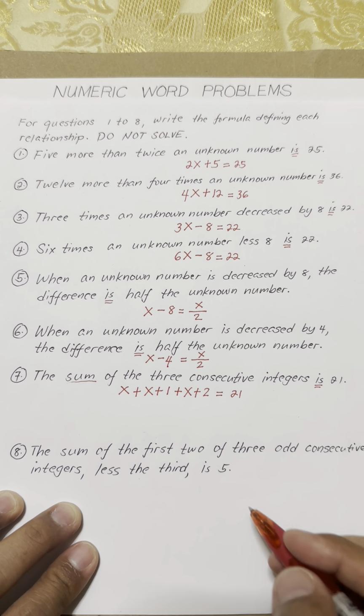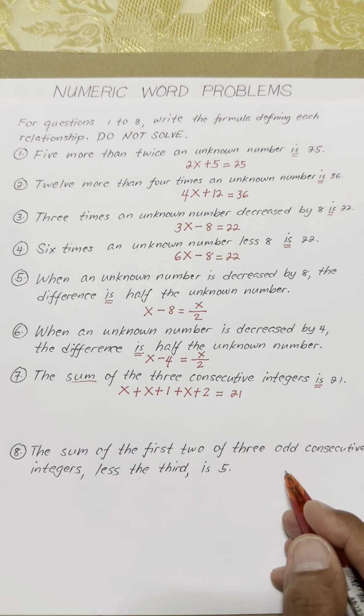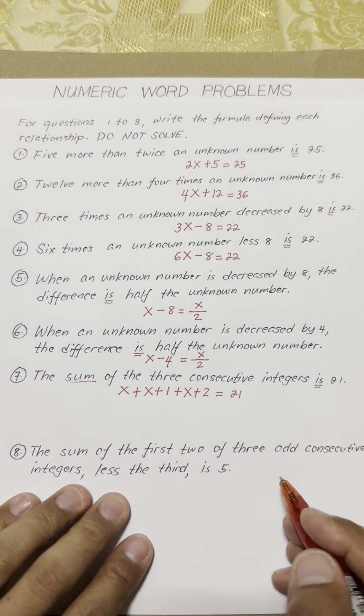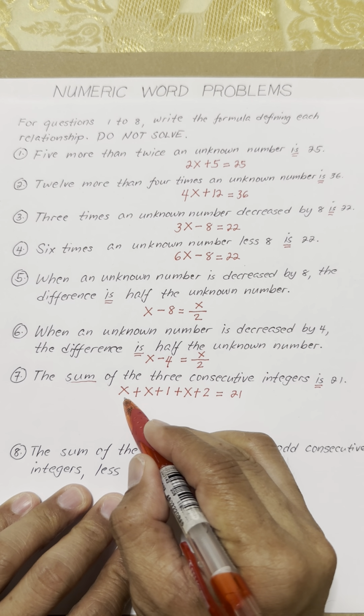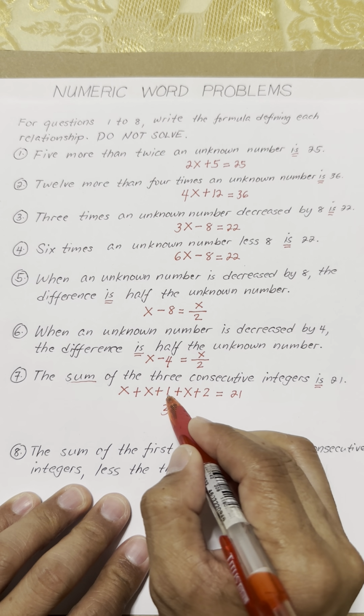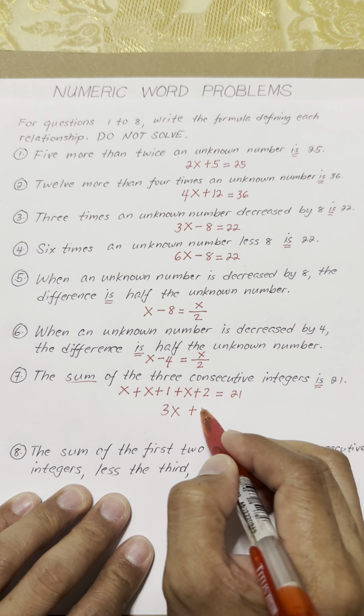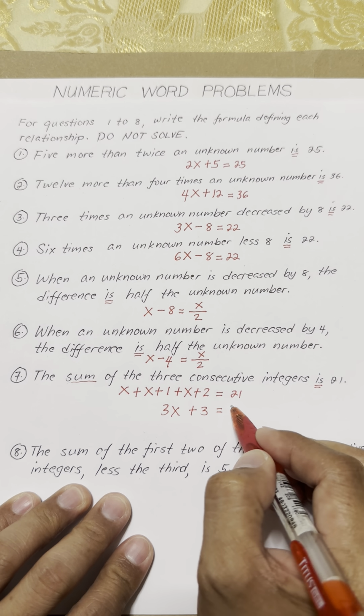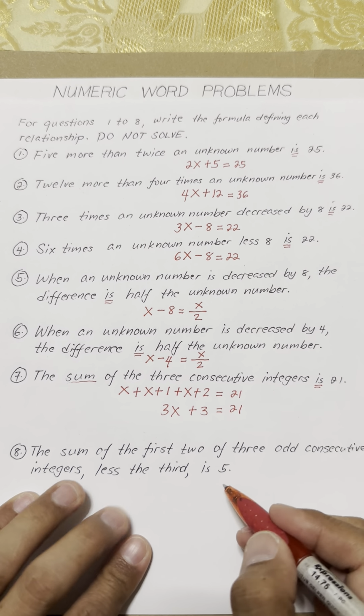So that can be your answer, or if you want to simplify, you can combine similar terms. You have x plus x plus x equal to 3x. Then you have 1 plus 2, equals 21. So they are just the same.